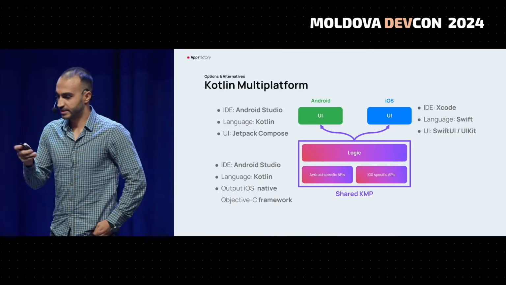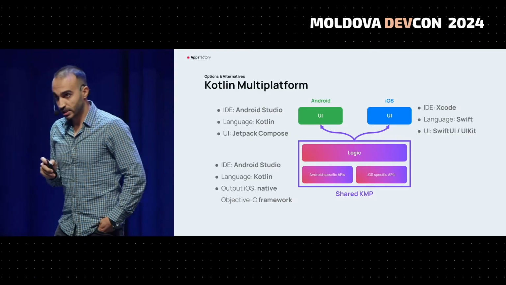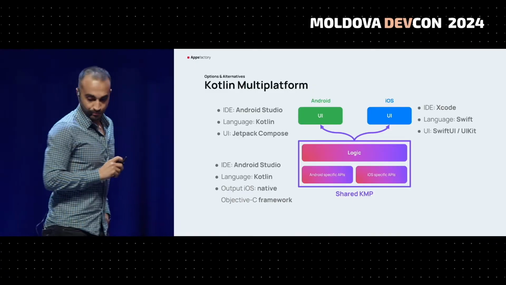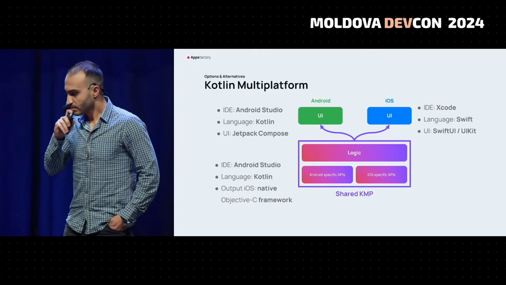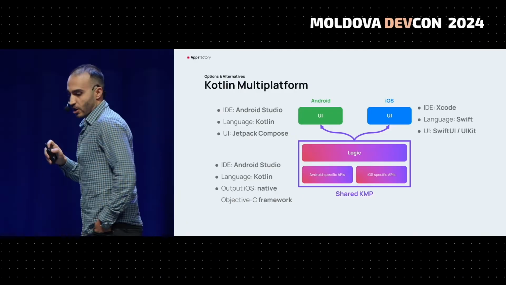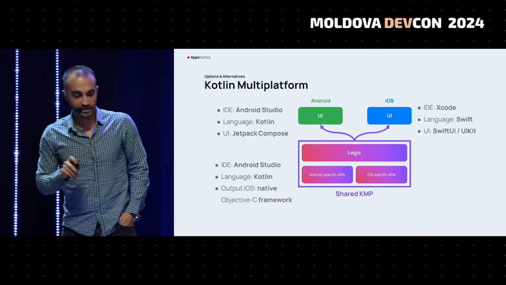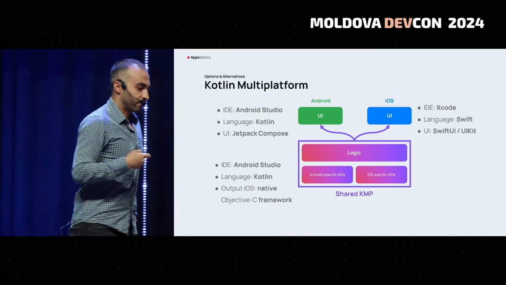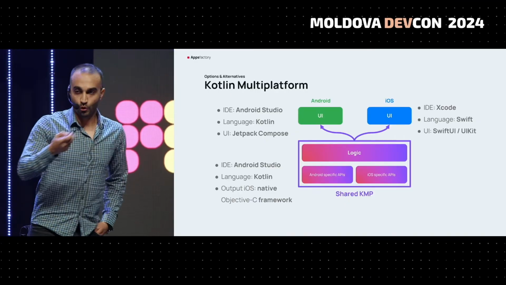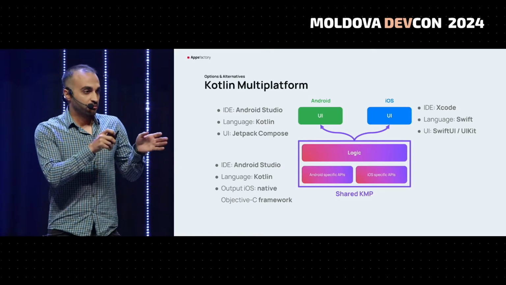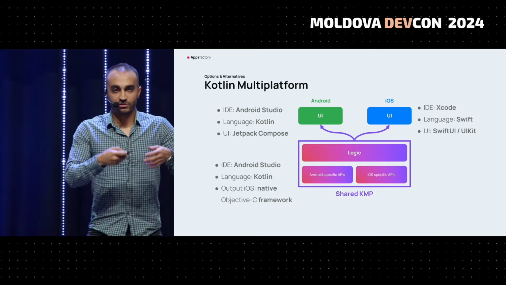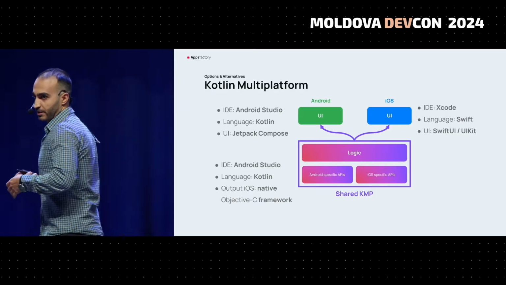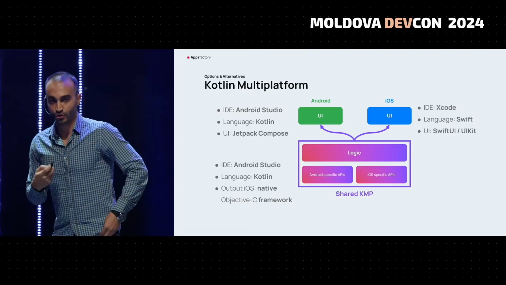And this shared logic is written in the Kotlin language, and you can write it in Android Studio. And for iOS, the output is native, and KMP wraps it up as a framework file with Objective-C, and with this framework file, it makes your shared code compatible with your targeted platform, in this example, your iOS app.